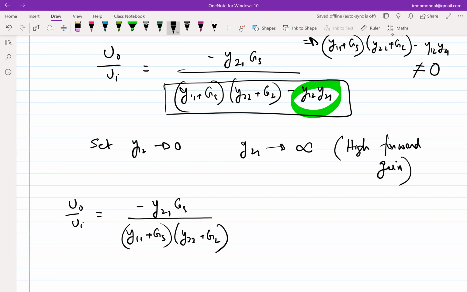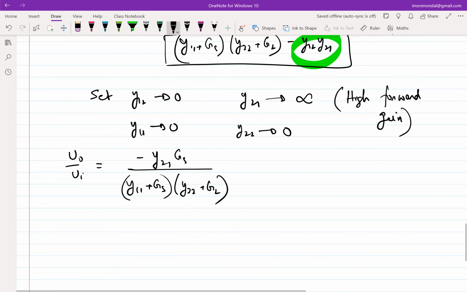If I want to maximize v0 over vi, then clearly I need to minimize the denominator, given that I know it will never go to 0. And the easiest way to do that is to see if we can make both y11 and y22 to be 0. So essentially the wish list matrix for my y parameters is 0, 0, infinity, 0. Right, so this is the wish list.